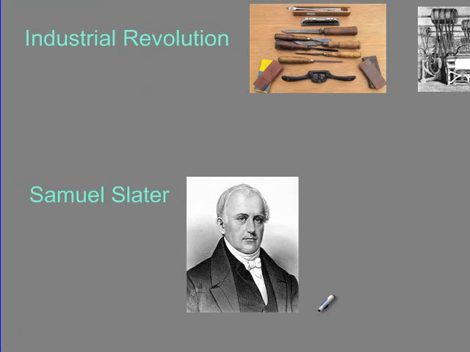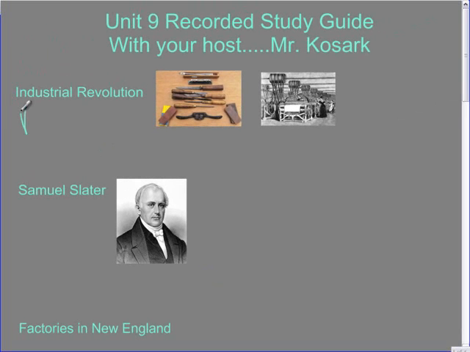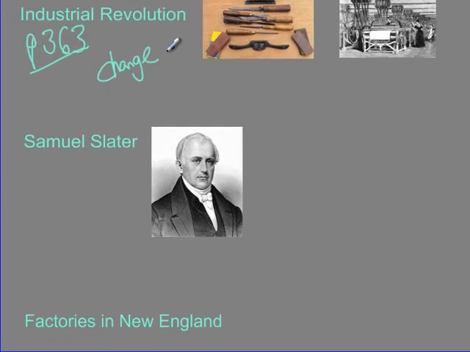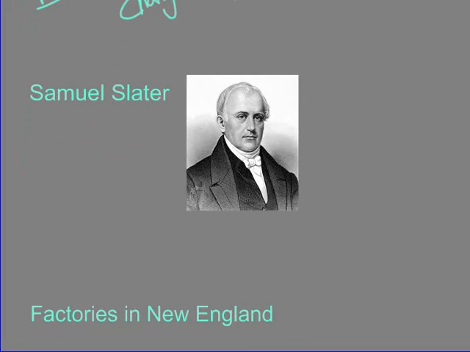But let's start in the beginning of our study guide with the Industrial Revolution, talking about page 363 right here. Basically, the thing you need to focus on in the Industrial Revolution is that it's a change from making things by hand or by hand tools.